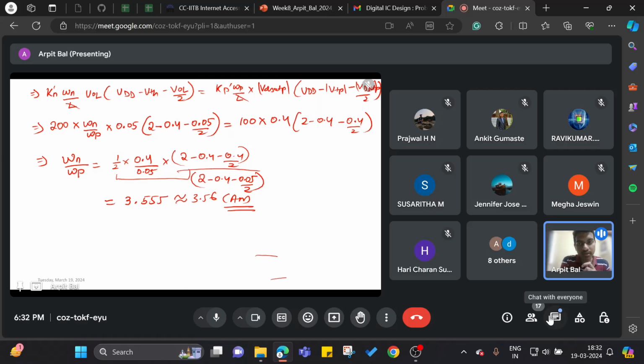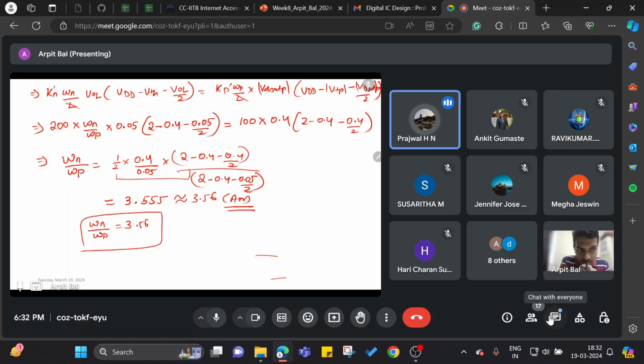Okay, I'll pause here for 1 minute. From this, what can you tell about the strength of NMOS and PMOS? NMOS is almost 4 times stronger than PMOS.